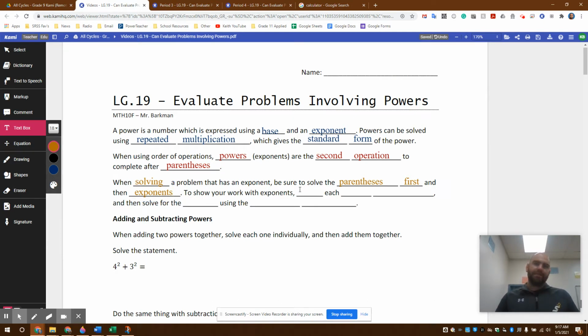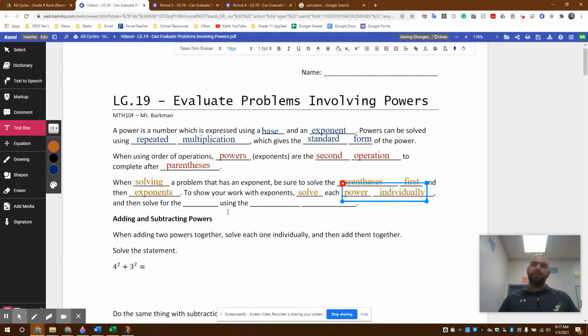Now, in your assignments, as well as your assessments, I'm going to be expecting that you show all of your work. So when we show our work with exponents, we solve each power individually.